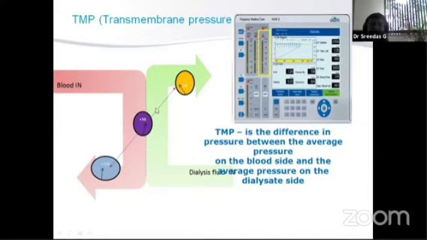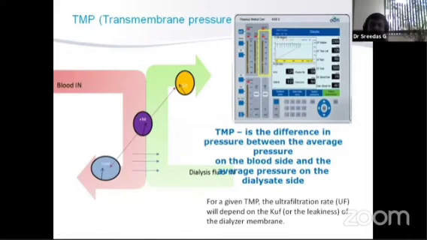Although we say the difference, the effective TMP is adding these two: plus 100 minus 50, you get a plus 50. That is the transmembrane pressure, and you have a pressure of plus 50 that is pushing fluid from the blood compartment into the dialysate compartment.